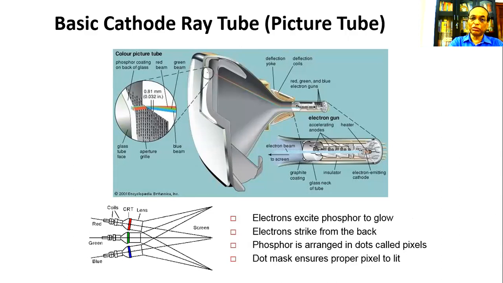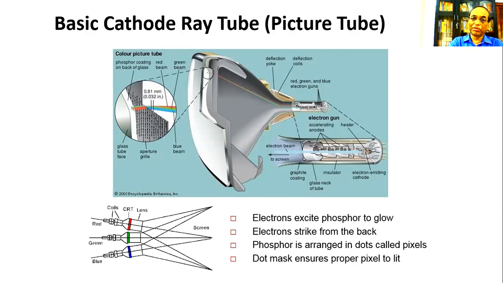This is the picture tube, with a magnetic deflection type of system in it. And in case of a color cathode ray tube, picture tube, there will be 3 electron guns instead of 1 electron producing gun. Those are red, green, and blue. Electron beams are produced from these 3 guns, and they are focused.